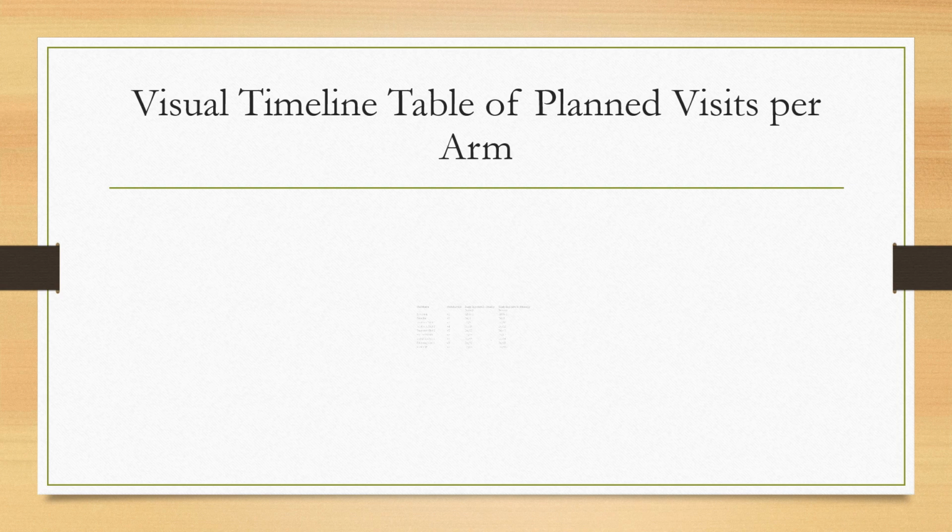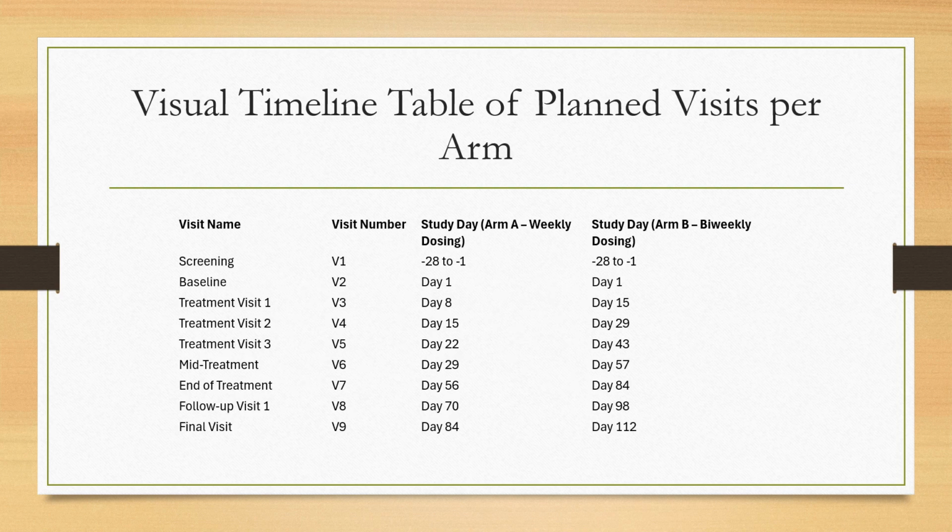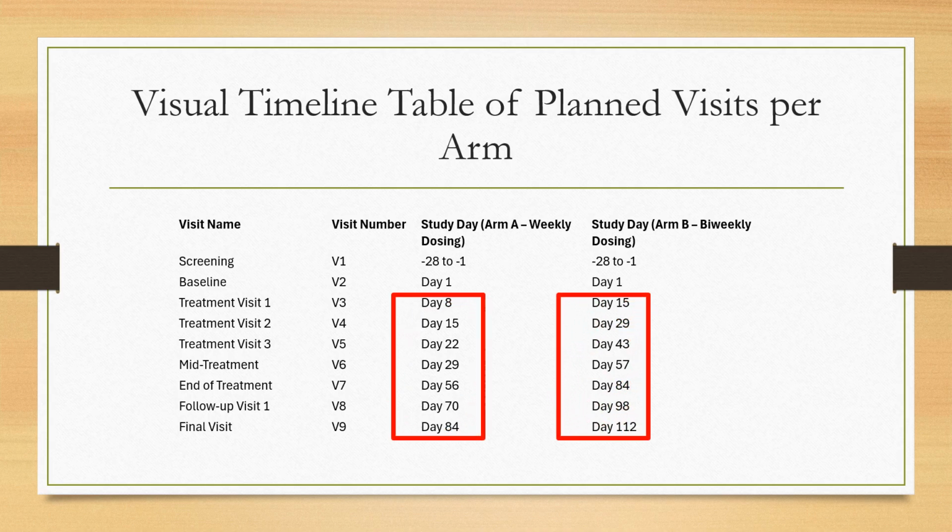Let us see a scenario where the trial visits are not the same for all arms. In this example, the screening and baseline visits are planned to occur on the same day for both arms, but from visit 3 onwards, the study day is different for both arms.